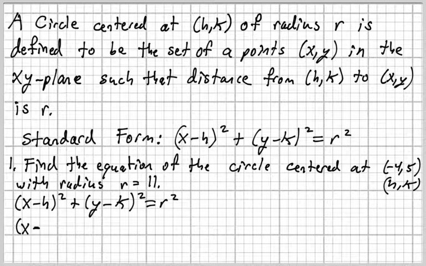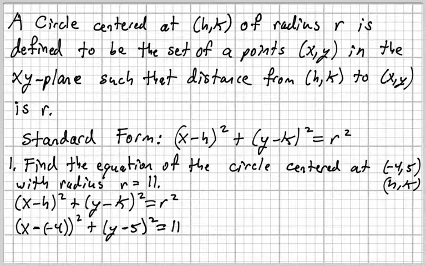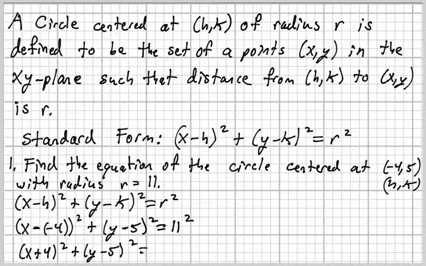There's a negative sign that comes with the formula. Quantity squared plus y minus the 5 quantity squared, and that's going to be equal to 11 squared. So that gives us x plus 4 squared plus y minus 5 squared, and that's going to be equal to 121. And that's the equation of our circle.